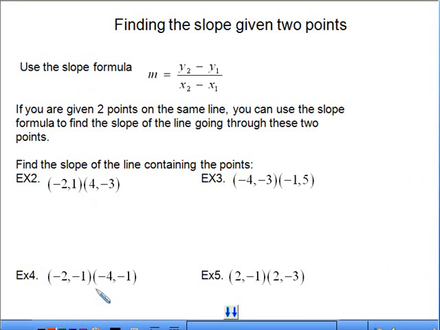Let's take a look at this one right here. So let's stack and subtract. So negative 2, negative 1. So m is going to equal, start with the y's, negative 1 minus negative 1, over negative 4 minus negative 2. Two negatives next to each other become positive.